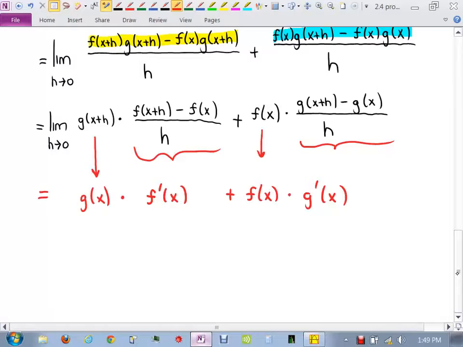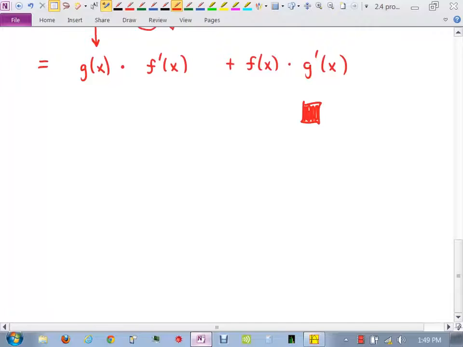It says that if you're trying to take the derivative of two things that are being multiplied, you don't just take the derivative of each one. You have to do g without the derivative times the derivative of f plus f without the derivative times the derivative of g. Okay, so that's the proof. I'm done. We usually just put a black box at the end to show it's done.